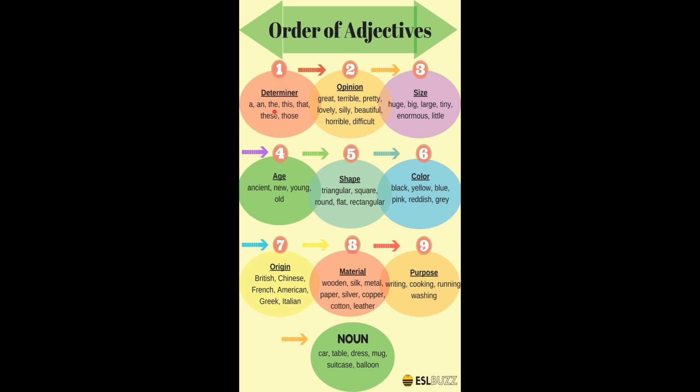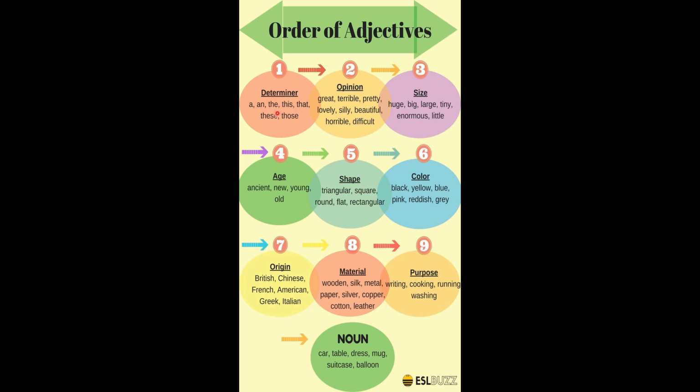The order means first opinion, then size, then age, then shape. I will tell later, don't worry. Before that we have to add a determiner also.